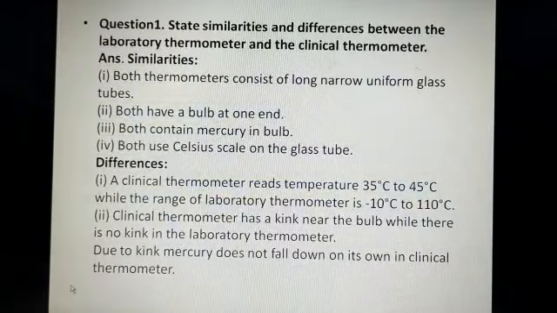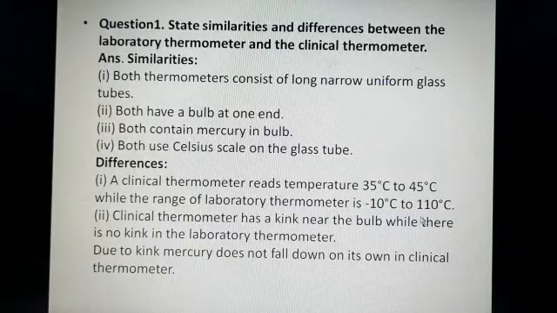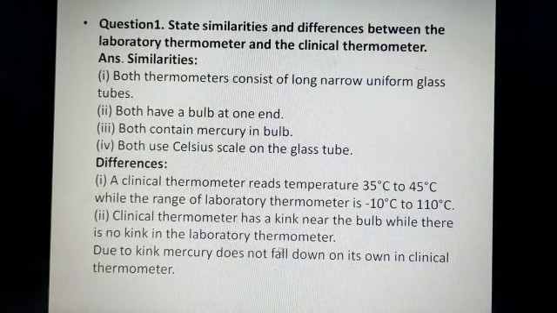Now we read the difference. A clinical thermometer reads temperature from 35 degrees Celsius to 45 degrees Celsius, while the range of a laboratory thermometer is minus 10 degrees Celsius to 110 degrees Celsius, and it is very important, student. A clinical thermometer has a nick near the bulb, while there is no nick in the laboratory thermometer.